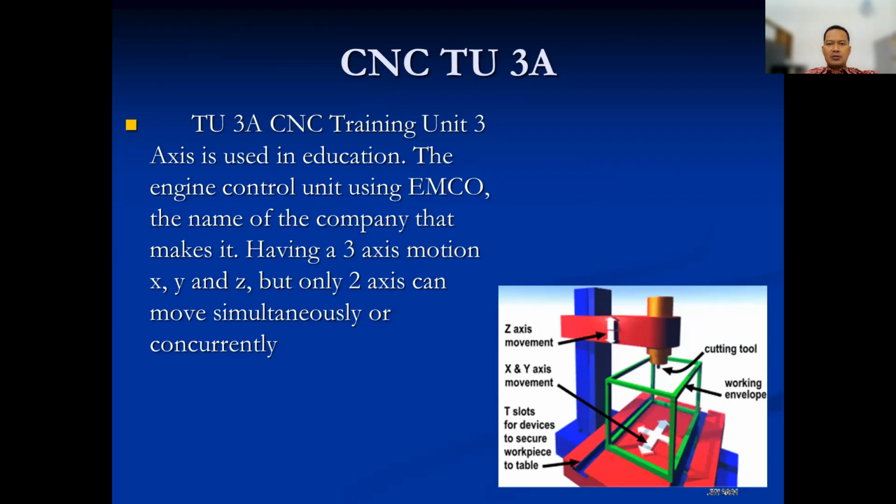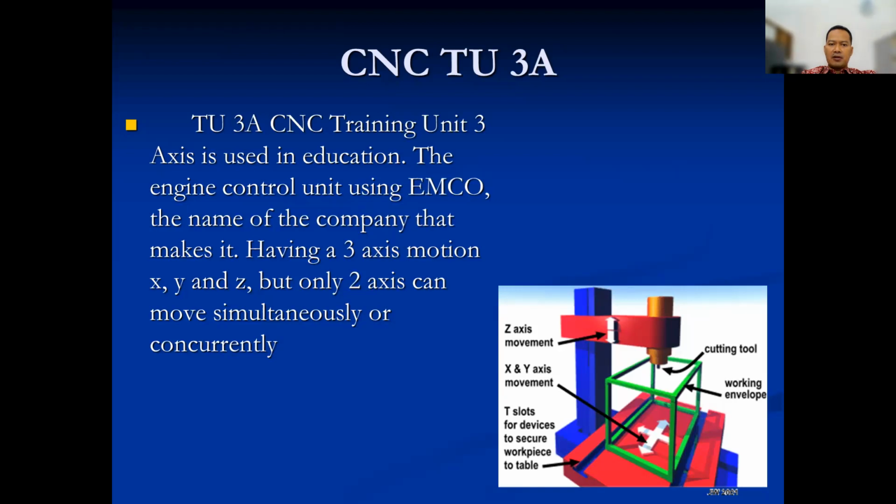And then continue to the CNC TU3A. TU means training unit, and 3A means 3 axis. This is a Frais machine, a CNC milling machine. The training unit 3A CNC has 3 axes.